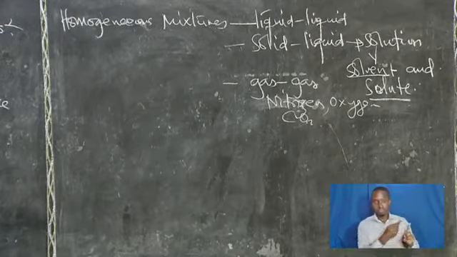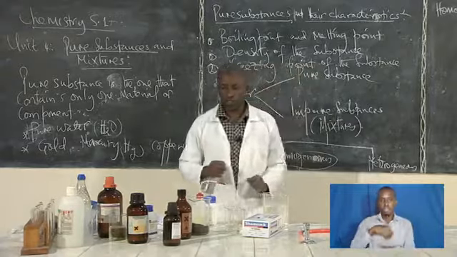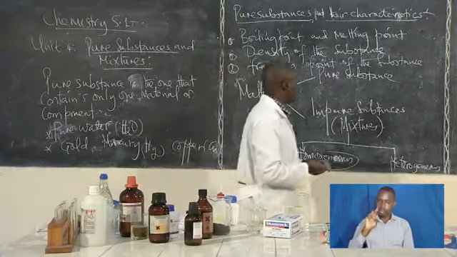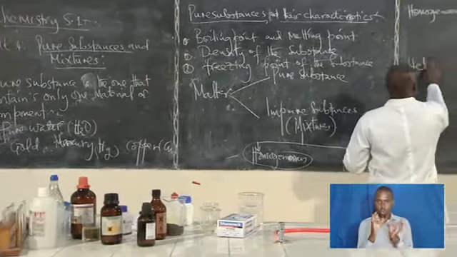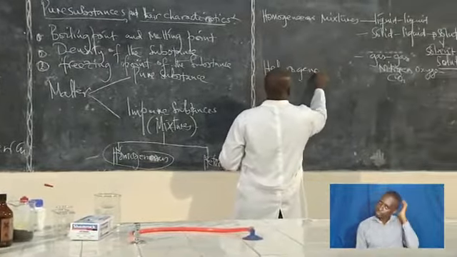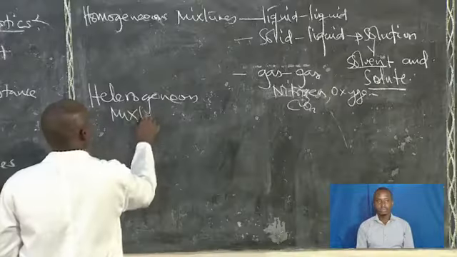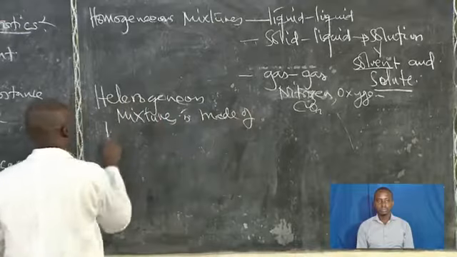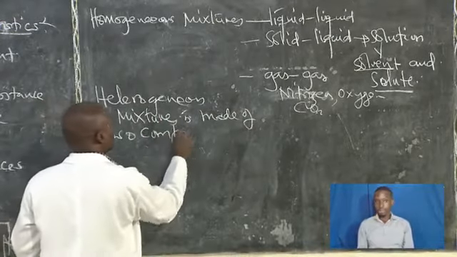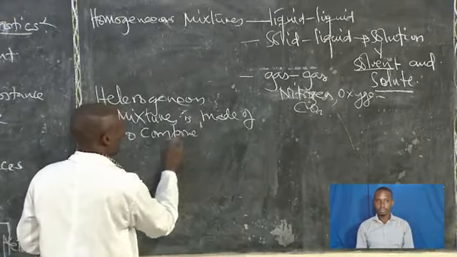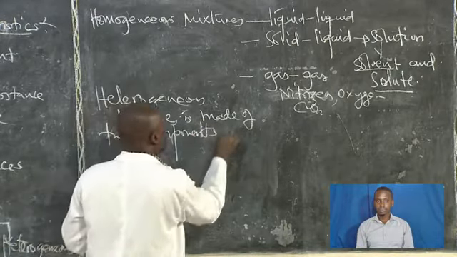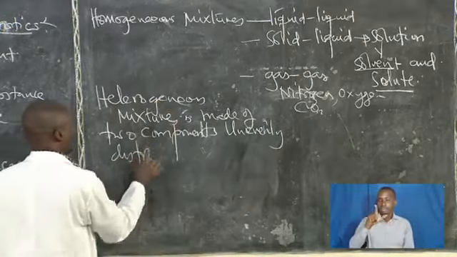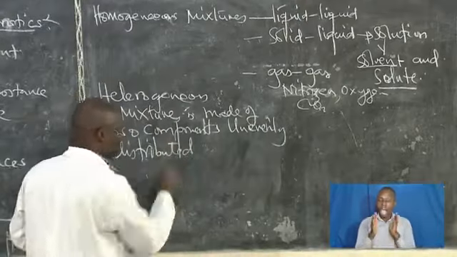So let's talk about the heterogeneous mixtures. In the heterogeneous mixtures, you may have two components. Heterogeneous mixtures are made of two components unevenly distributed.